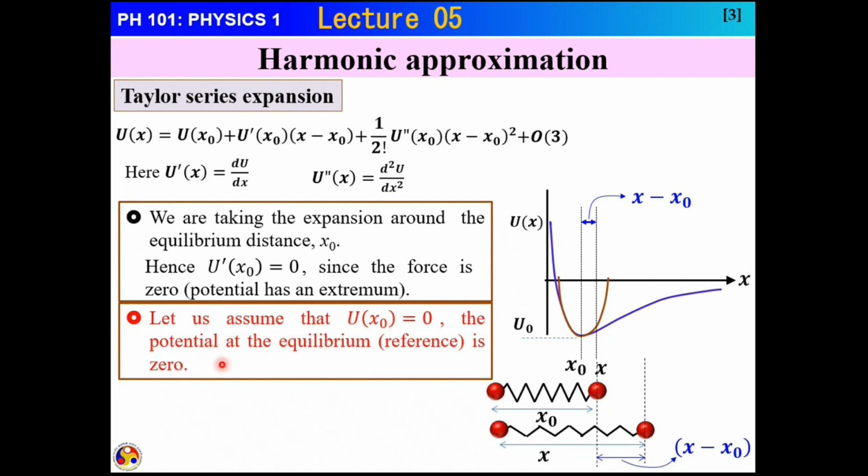We can assume that u at x naught is also 0. This is just a reference point. You can easily make this one 0 without any change in the outcome of the problem or solution. There is no problem. You can always choose the reference point to be 0.